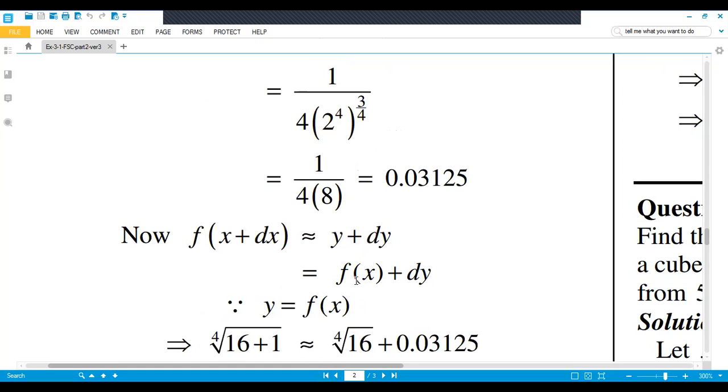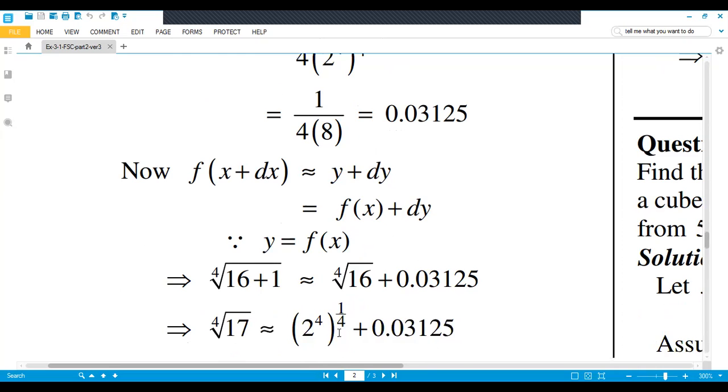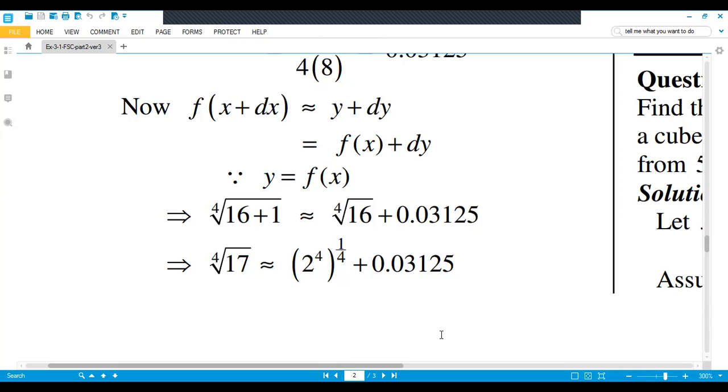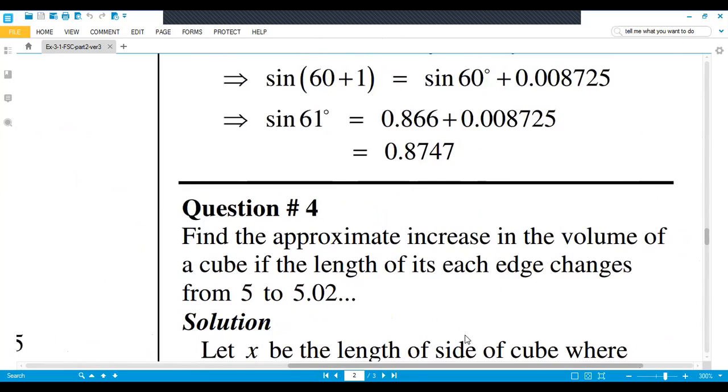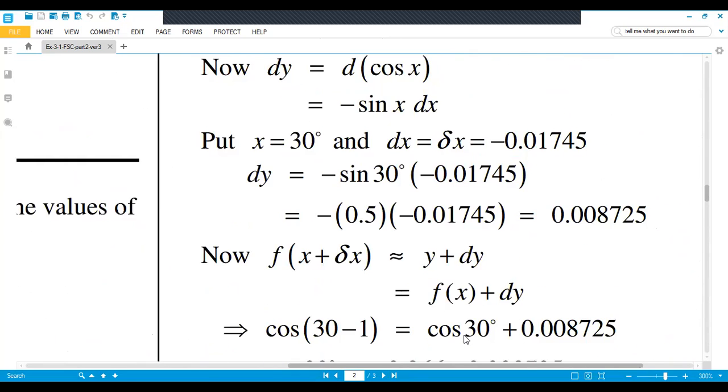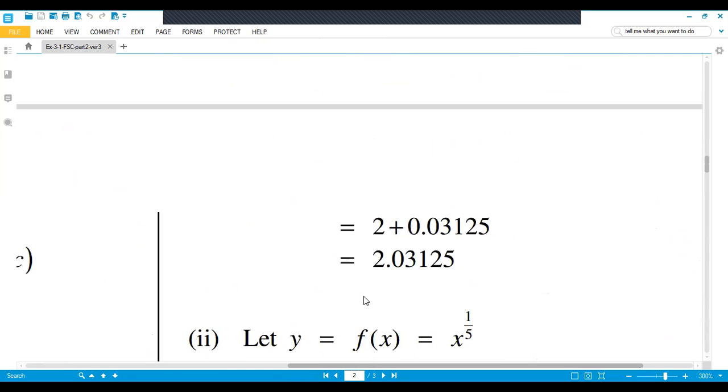So f of x plus dy is equal to y is equal to f of x, so fourth root of 16 plus 0.03125, that is the value of dy, which is equal to 2 power 4, 1 over 4 plus 0.03125. So you get this value, which is approximately equal to the same.